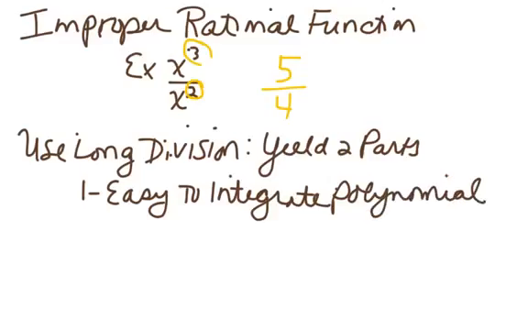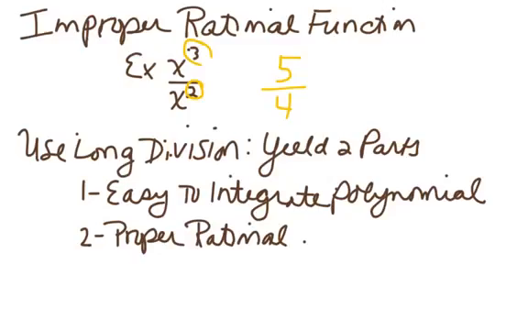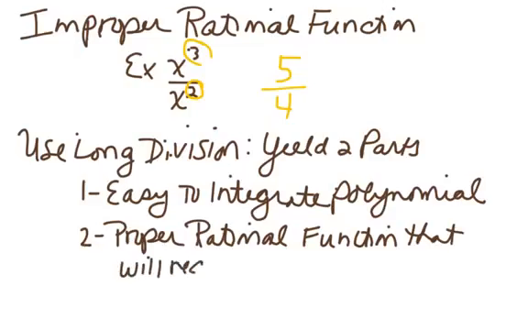And the second part is going to be, if it exists, a remainder, and it's going to be a proper rational function, in which you're going to use the partial fractions technique to decompose. So you're going to end up with a proper rational function that will require decomposition.